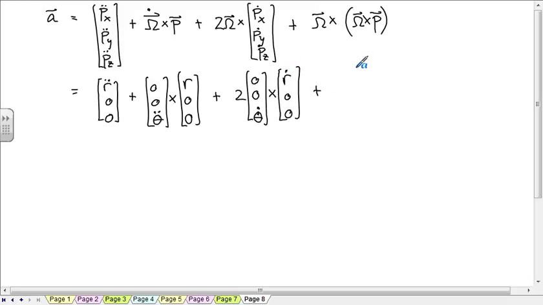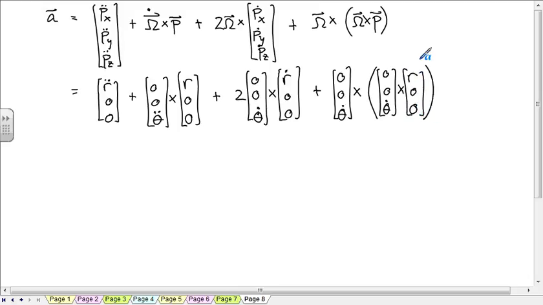And then plus (0, 0, theta dot) cross the quantity (0, 0, theta dot) cross (r, 0, 0).